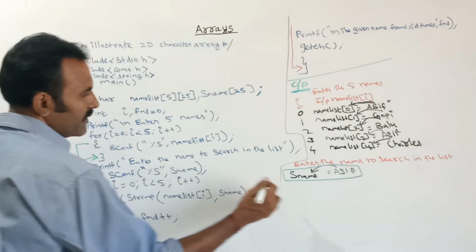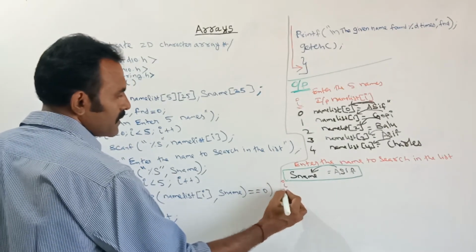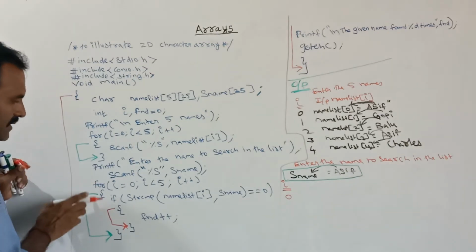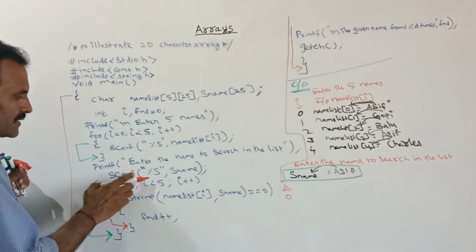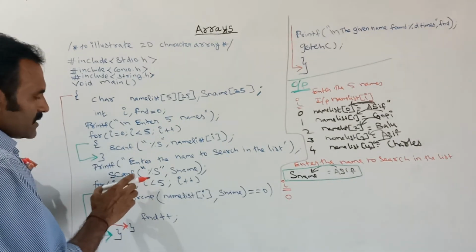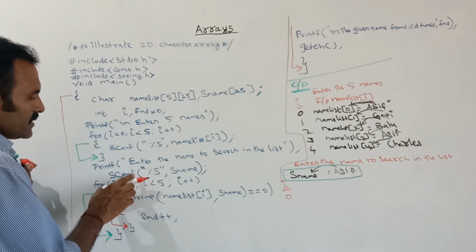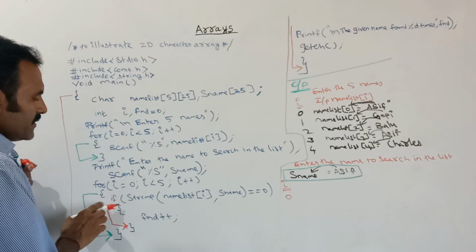The value of i is initialized to 0. After that, it will check whether 0 is lesser than 5 or not. Here the condition is true, so once the condition is true, it goes inside the for loop.